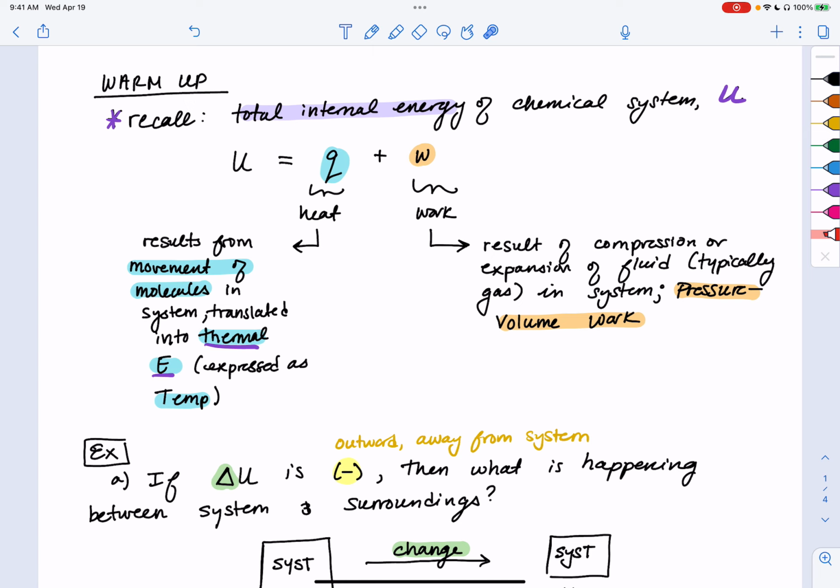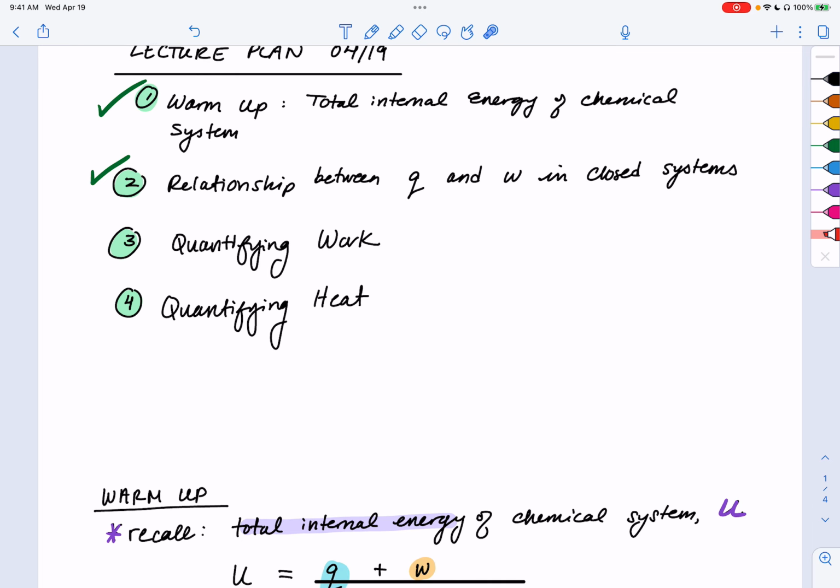However, would I ever expect you to recreate any kind of mathematical derivation? Absolutely not. I'm just throwing it at you so that you see it in some kind of context and not just in a vacuum. So coming up, we're going to talk about how we can quantify work, our pressure volume work, in a chemical system.